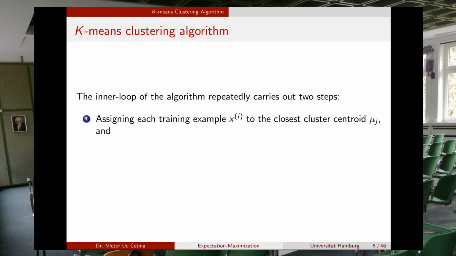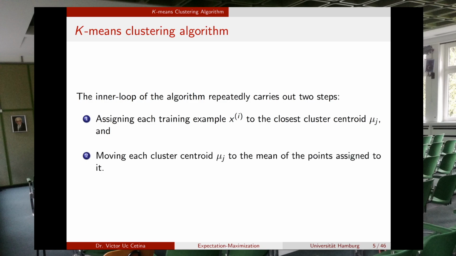So the inner loop of the algorithm executes these 2 steps, assigning each training example xi to the closest cluster centroid mj, and moving each cluster centroid to the mean of the points assigned to it.